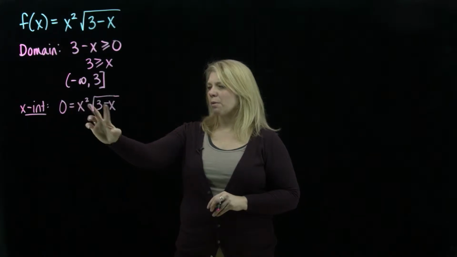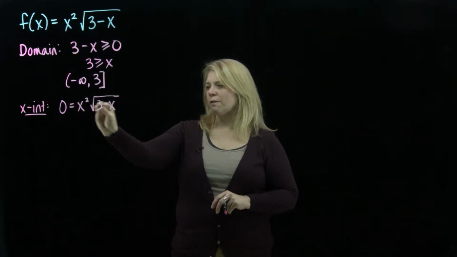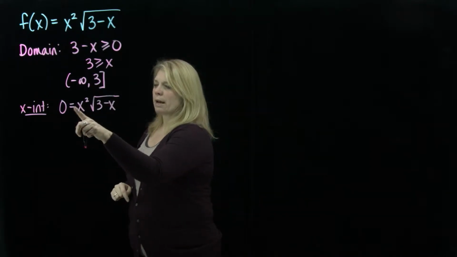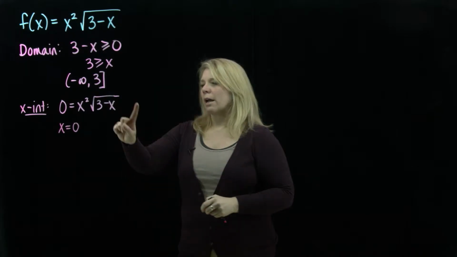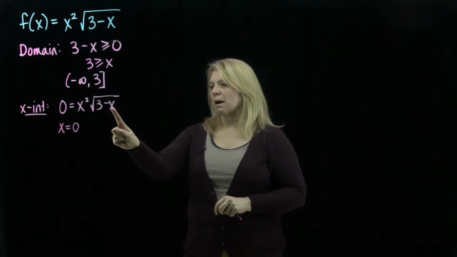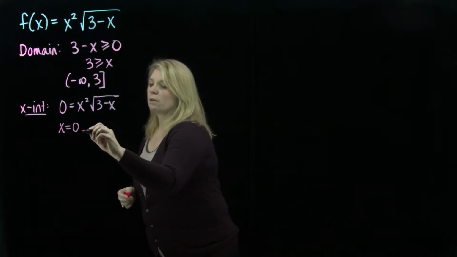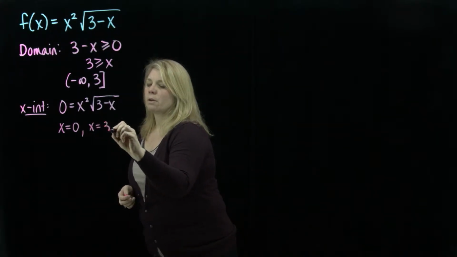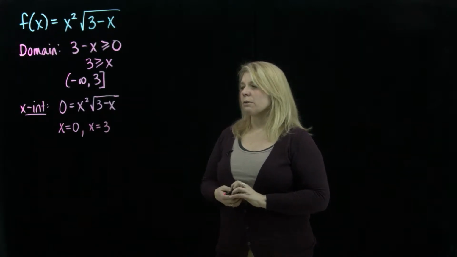But here I have a product of two things that multiplies to give 0. So either of these two factors could be 0. So I could have x squared being 0, which would give us x equals 0. Or I could have this radical expression being 0, which would occur only when the stuff inside is 0, which would occur only when x equals 3.